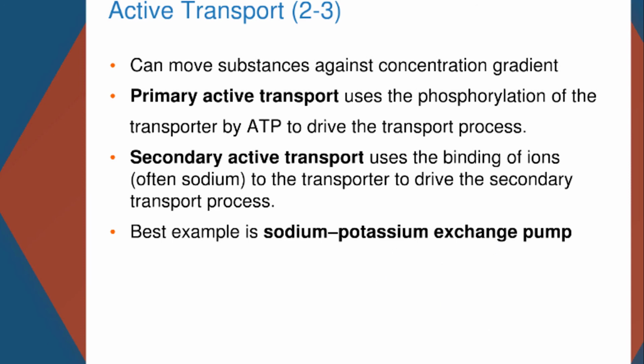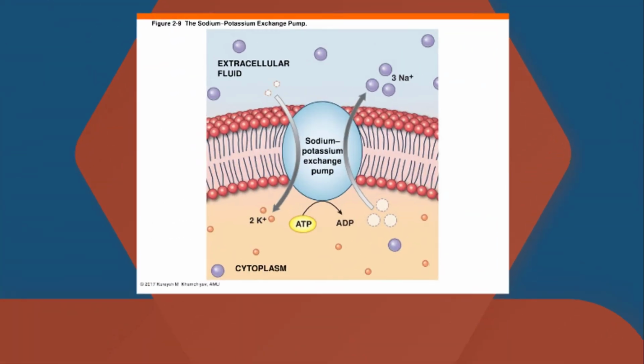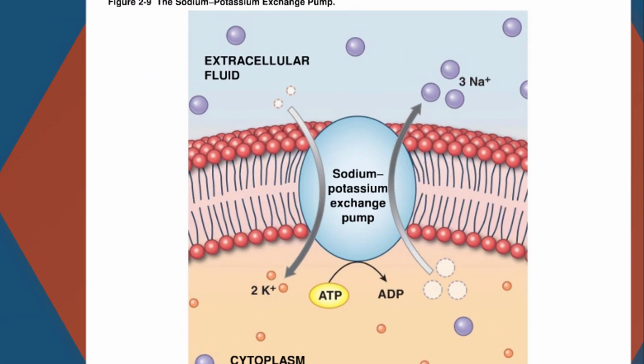The sodium-potassium pump, which is also called sodium-potassium ATPase, transports sodium out of a cell while moving potassium into the cell. The sodium-potassium pump is an important ion pump found in the membranes of many types of cells.